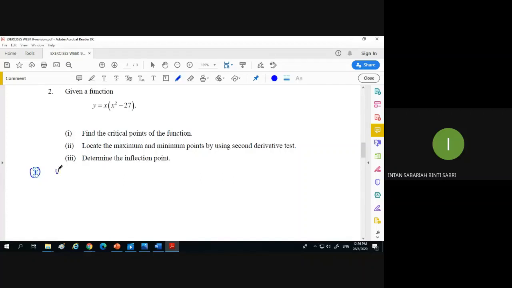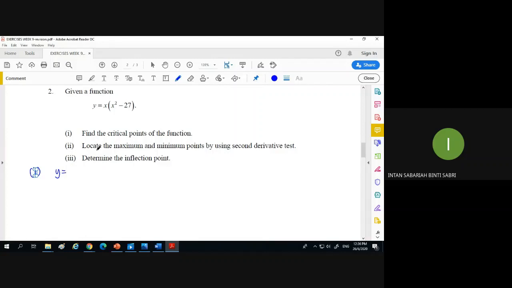Here too you should expand first to make it easier. If you don't expand, you have to use the product rule. That is complicated, because some students make careless mistakes with the product rule, missing terms here and there. So it is easier to expand first before you start your first derivative.